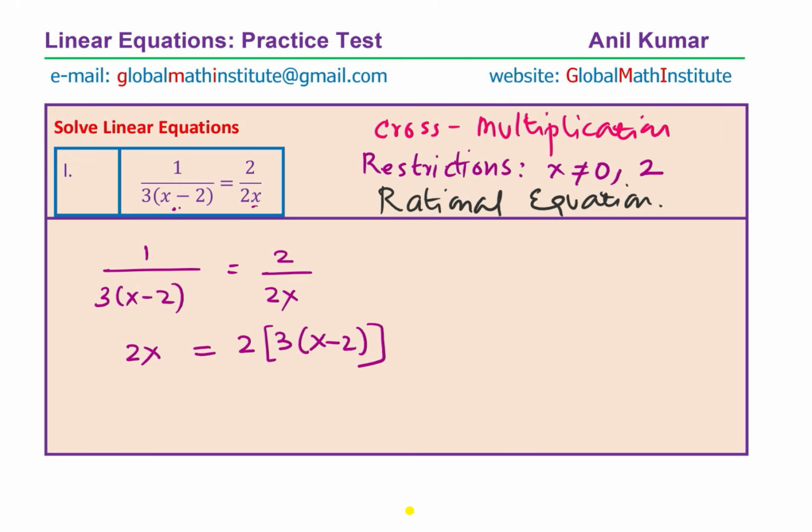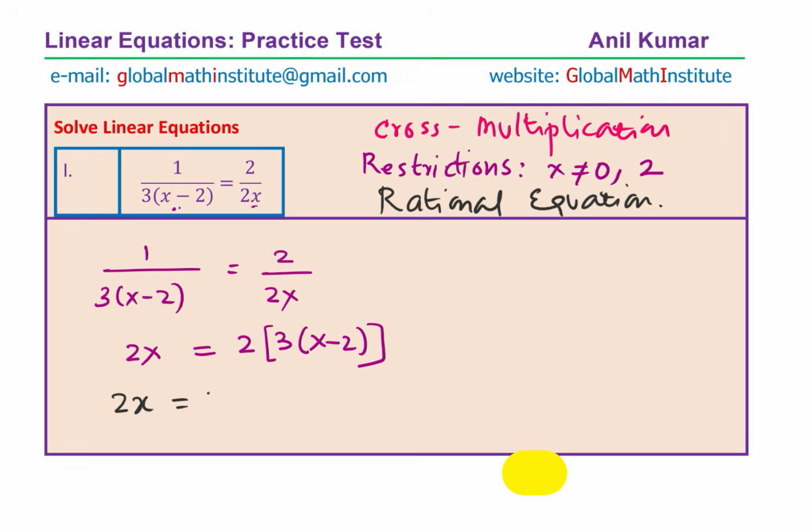Okay, great. So now let's open the bracket on the right hand side. We get 2 times 3 as 6. But what we could also do is divide by 2 on both sides. In that case, we could have simplified it earlier also. Okay, anyway, for now, let's keep it.